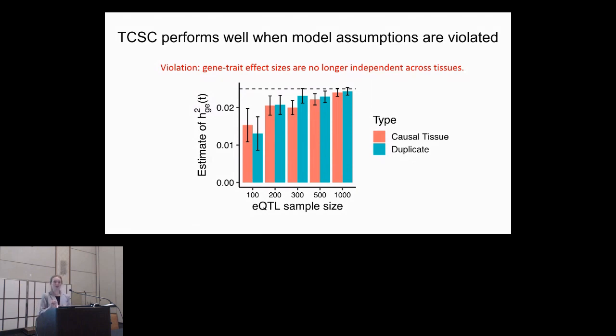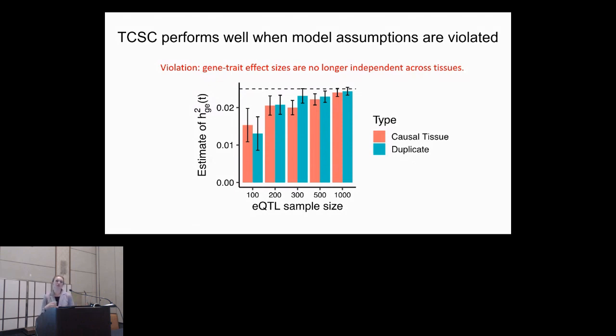A big assumption of our method is that the gene-disease effect sizes are IID, identically and independently distributed, across genes and tissues, even though there's co-regulation, which means that genetic variation affects genes and tissues in a highly correlated way. This is consistent with the SNP-based analog, right? We assume that SNP-disease effects are IID across the genome, even though there's a lot of LD between SNPs.